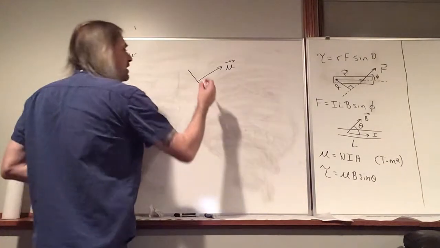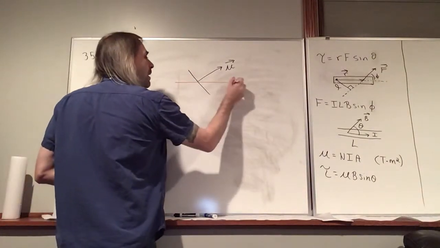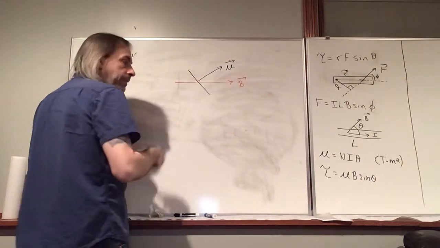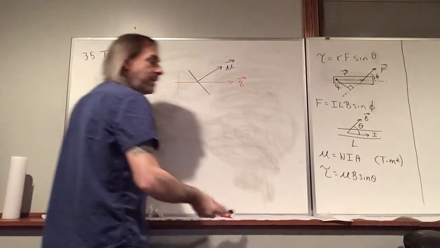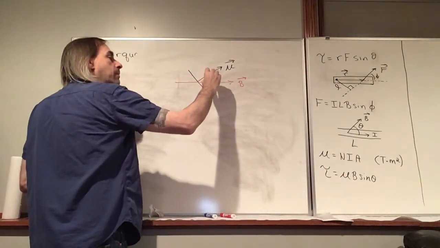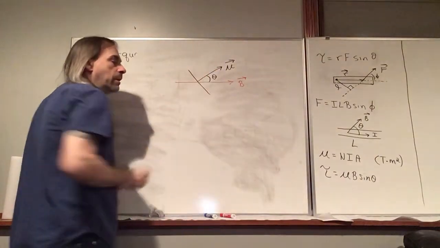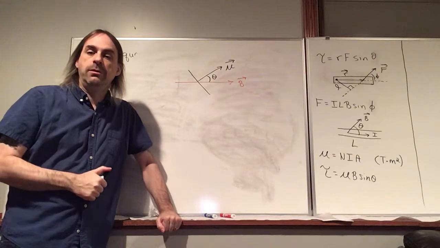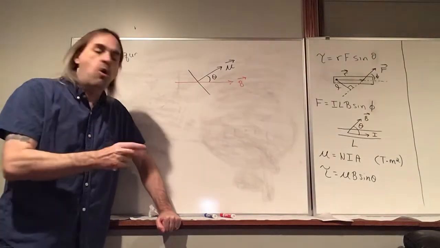And if this is placed in a magnetic field, the torque is given by this equation, where theta is the angle between the magnetic moment and the magnetic field. So the magnetic moment has two parts.